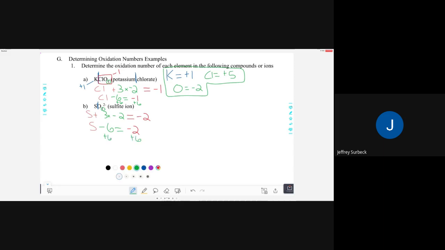And so what's the charge of sulfur here? 4. Oxygen has a charge still of -2. Okay? So again, these are the oxidation numbers. These are the charges of every single element involved in these 2 example compounds.